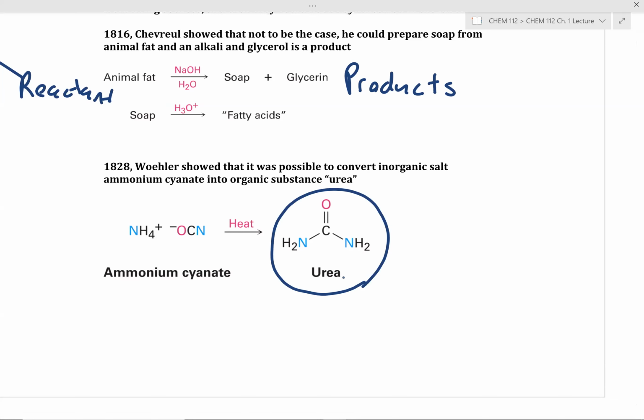Nonetheless, this was the first case where we as chemists had started with an inorganic salt with organic functional groups and converted it into a new useful compound. So this is really the heart of synthesis, and this provoked a lot of additional study into the preparation of compounds and the study of organic compounds.